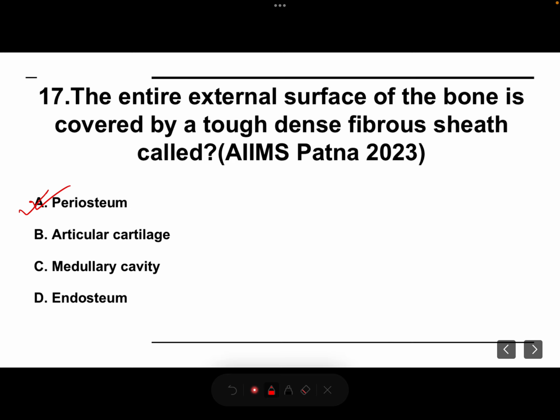Articular cartilage is basically present in between the joints, that is a type of hyaline cartilage. Central bone marrow is present in the medullary cavity, and inner lining is endosteum.